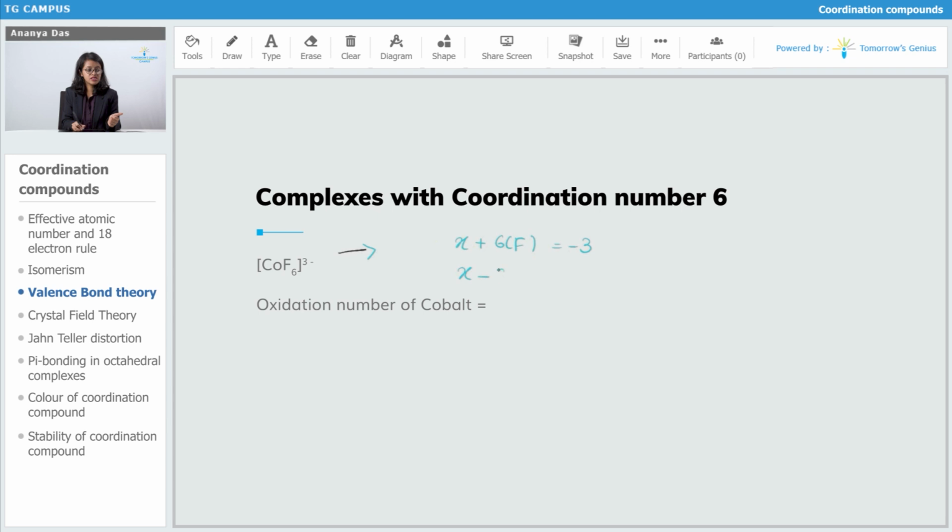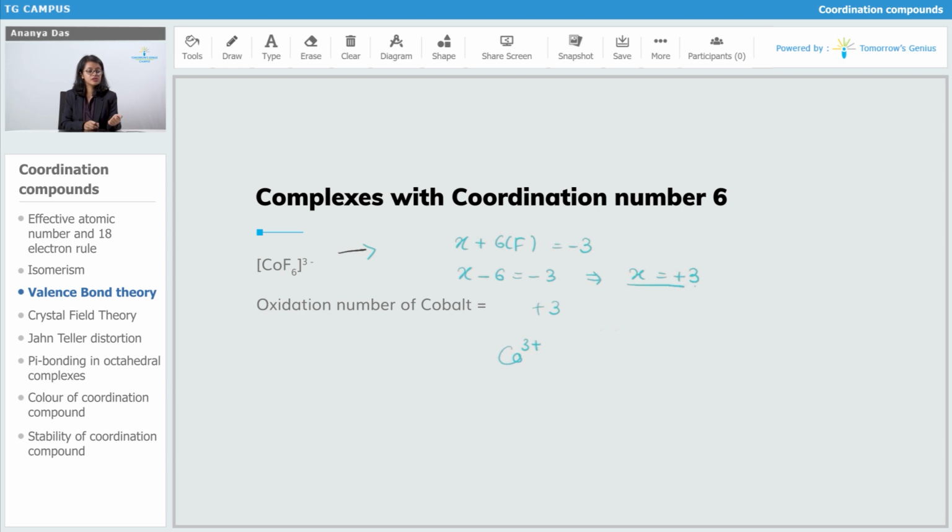So X minus 6 is equal to minus 3, so X is equal to plus 3. Here it is minus 6 because fluorine has a charge of minus 1. Then the oxidation number of cobalt is equal to plus 3. So cobalt exists as a 3 positive ion.